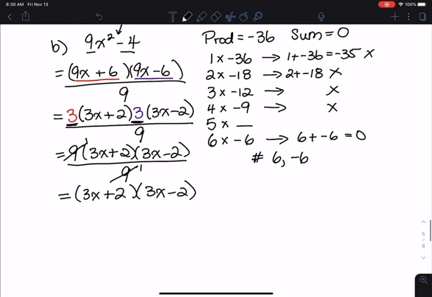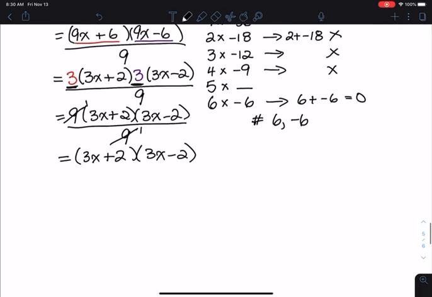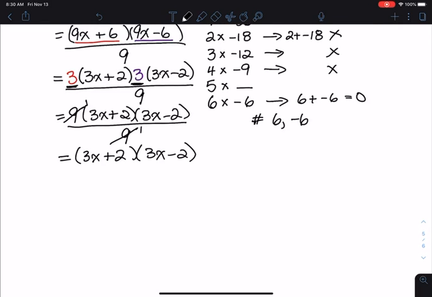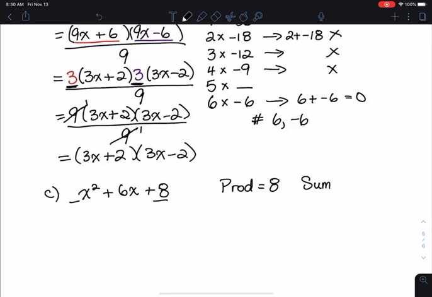Let's do one more, maybe with some positives in it. Say x squared plus 6x plus 8. So my product here is the coefficient to x squared times the constant, which is 8, and my sum is the middle term, which is 6.